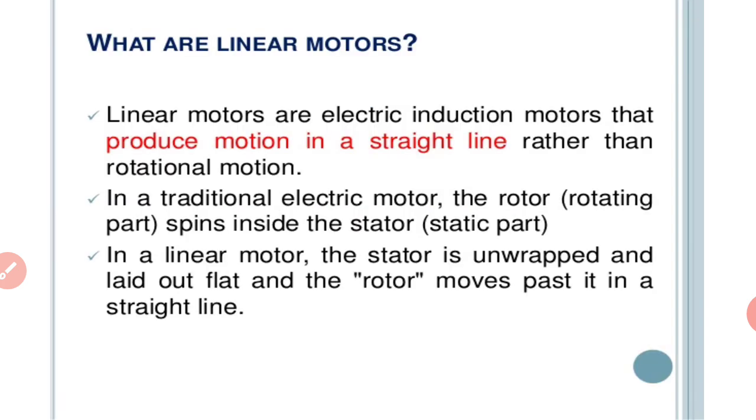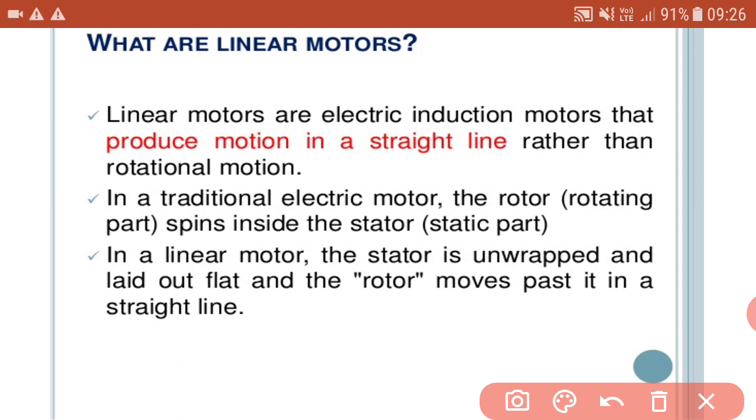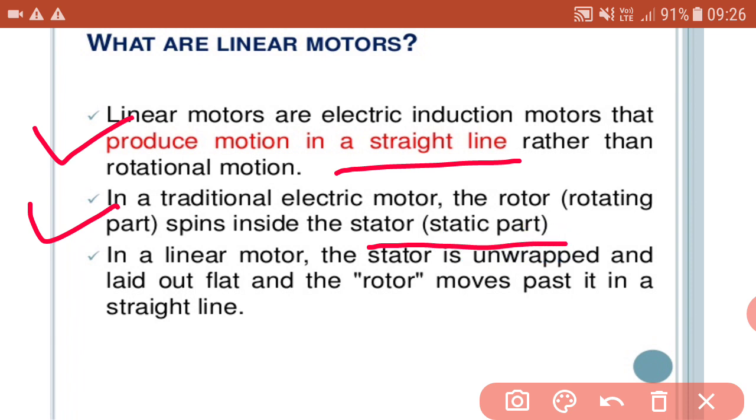What are linear motors? Linear motors are electric induction motors that produce motion in a straight line rather than rotational motion. In a traditional electric motor, the rotor, meaning the rotating part, spins inside the stator, meaning the static part.